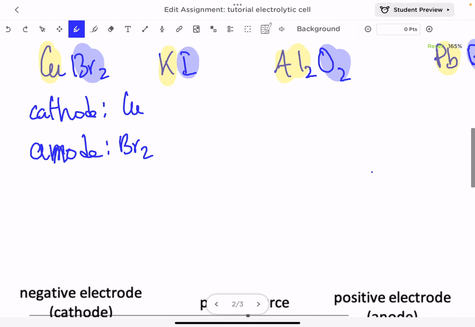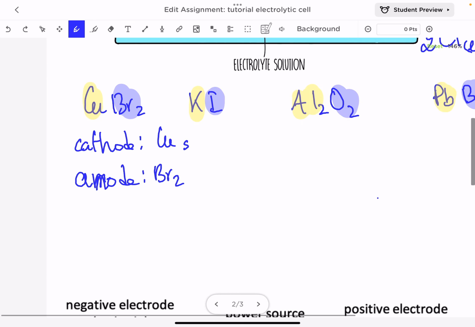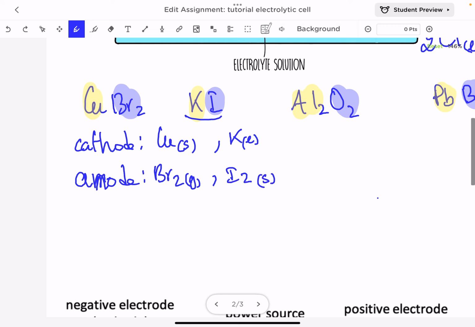So here, copper is in the solid state. Bromine is obtained in the gaseous state. If I take the other example, KI, we get K in the liquid state, and I2 at the anode, solid.